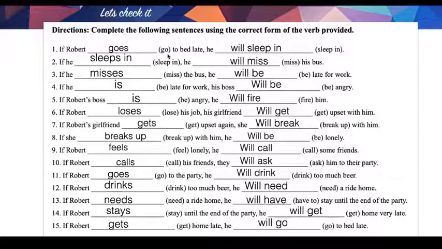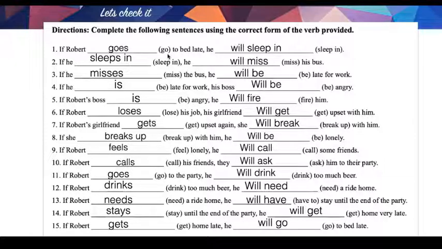When they stop giving you a job. 6, if Robert loses his job, because we continue talking about third person, his girlfriend will get upset with him. If Robert's girlfriend gets upset again, she will break up with him. If she breaks up with him, he will be lonely.